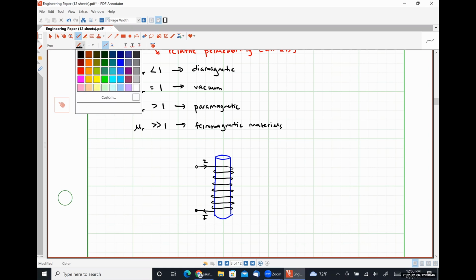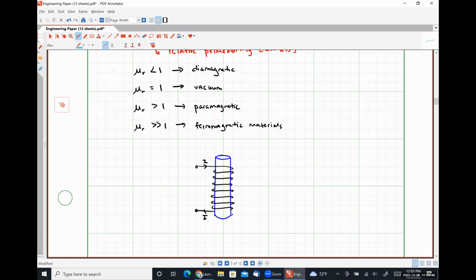So along the vertical axis, we should see that the symmetry of the system causes our field to be in the up direction. We already established why that is using the right-hand rule. And inside the coil, we're going to have that same relationship. It's going to be vertical.